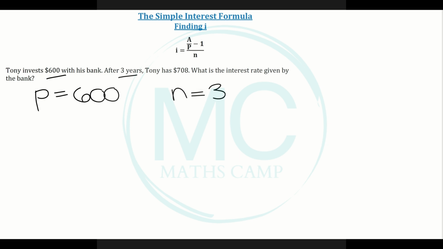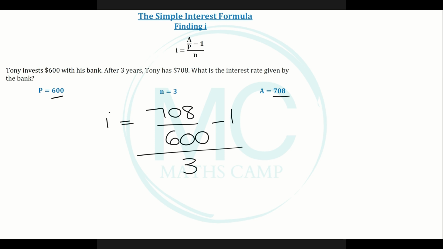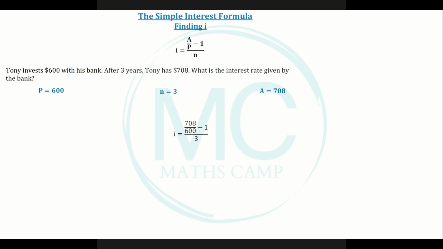After the investment, Tony has $708. This is his accumulated amount. We can see that A is equal to 708. Now that we have these values, let's put them into the formula. So we say I is equal to A, 708, divided by P, 600, minus 1, all over the value of N, which is 3. 708 divided by 600 gives us 1.18.